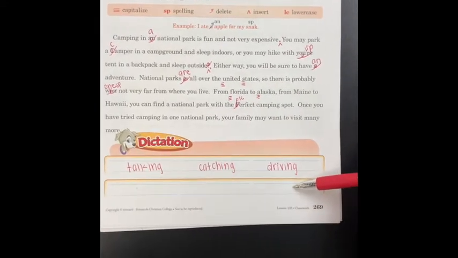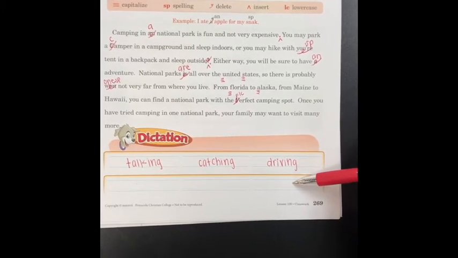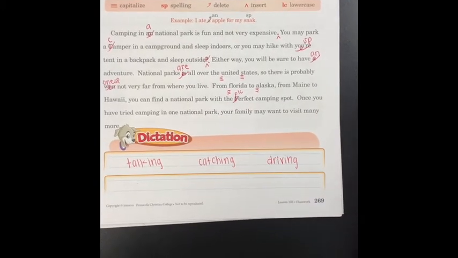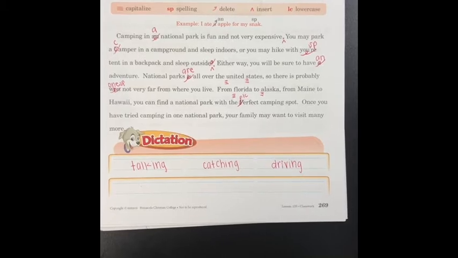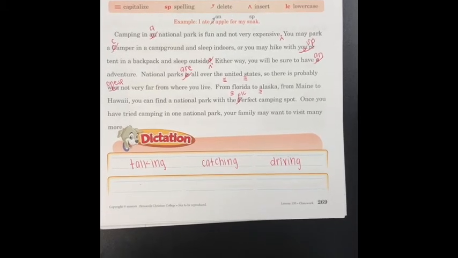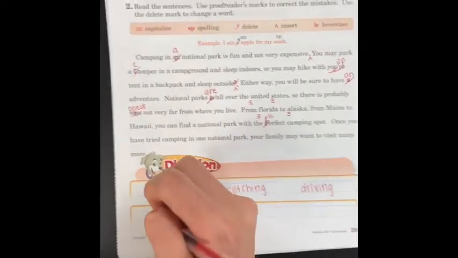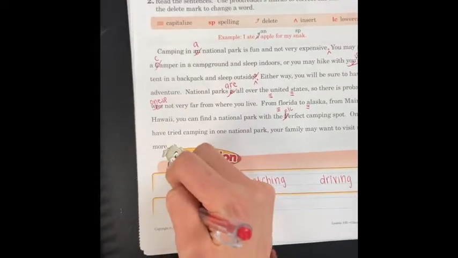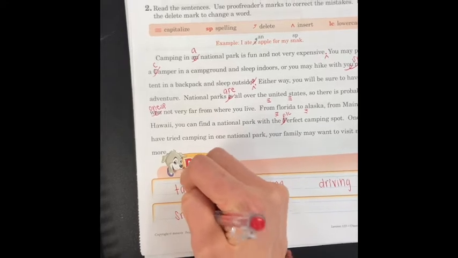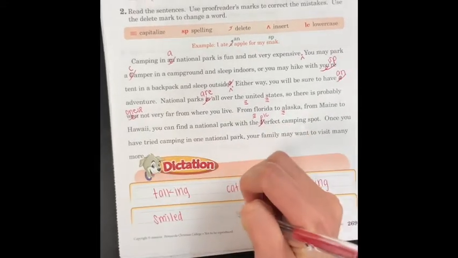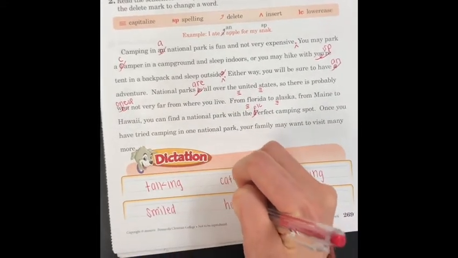And then the last one, add ed to scrub. All right, let's see how you did. The first one, you add ed to smile to make it smiled.